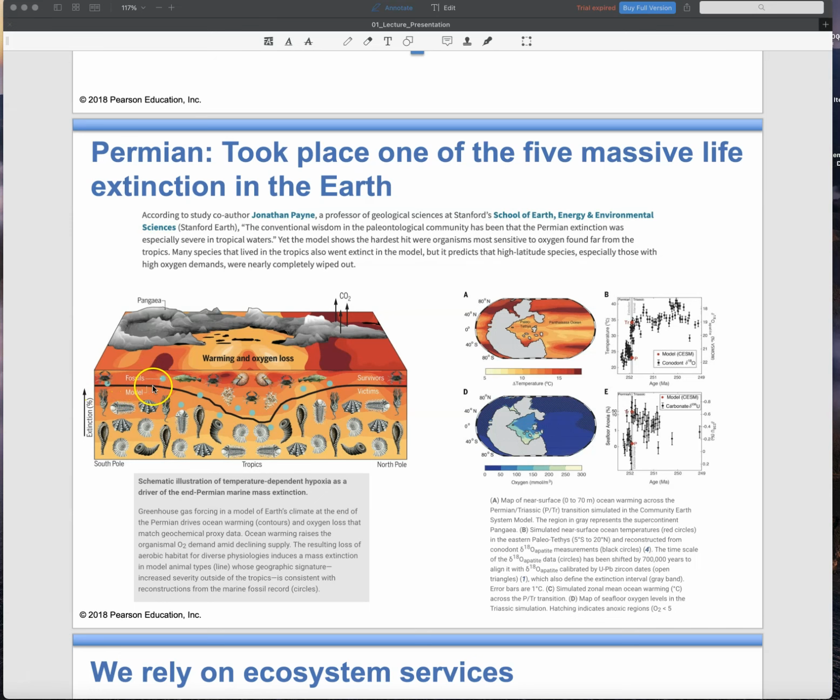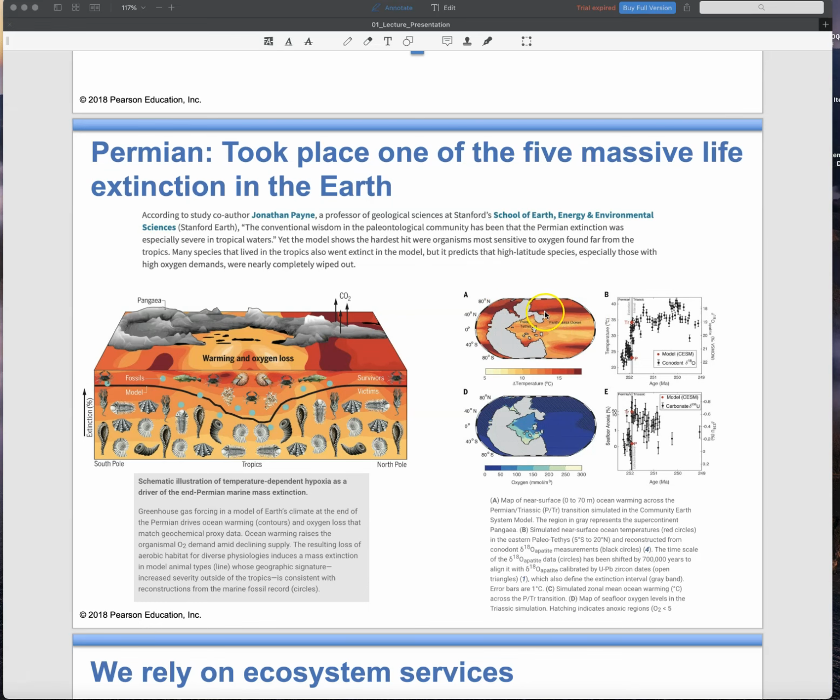That black curve is the prediction of the model that was introduced by Dr. Payne from Stanford University. And those green dots that you see over here match the actual fossil data that we have today.